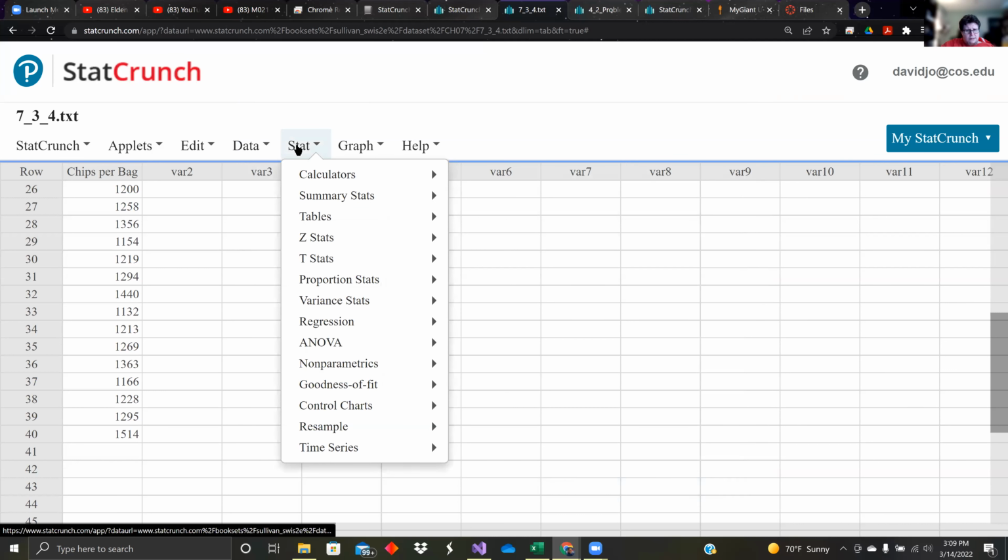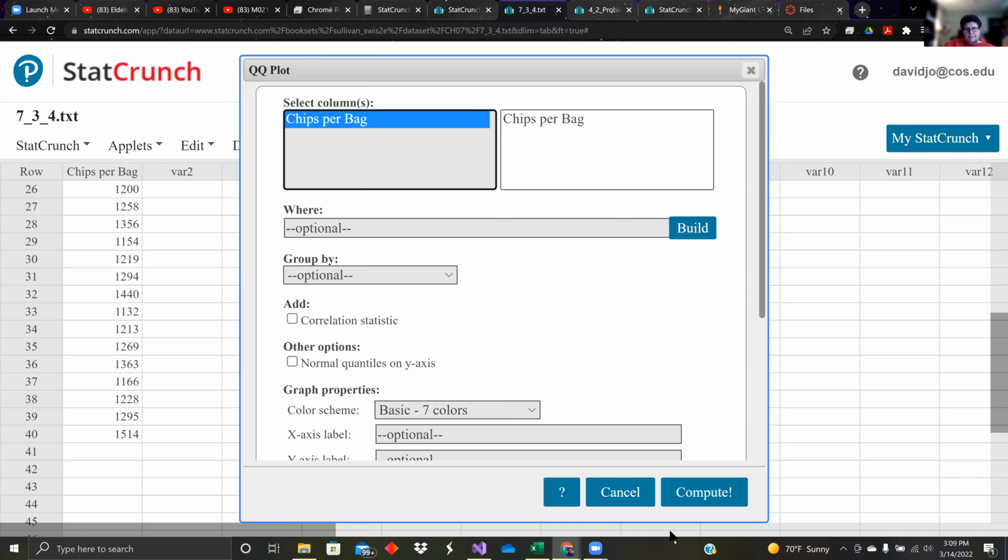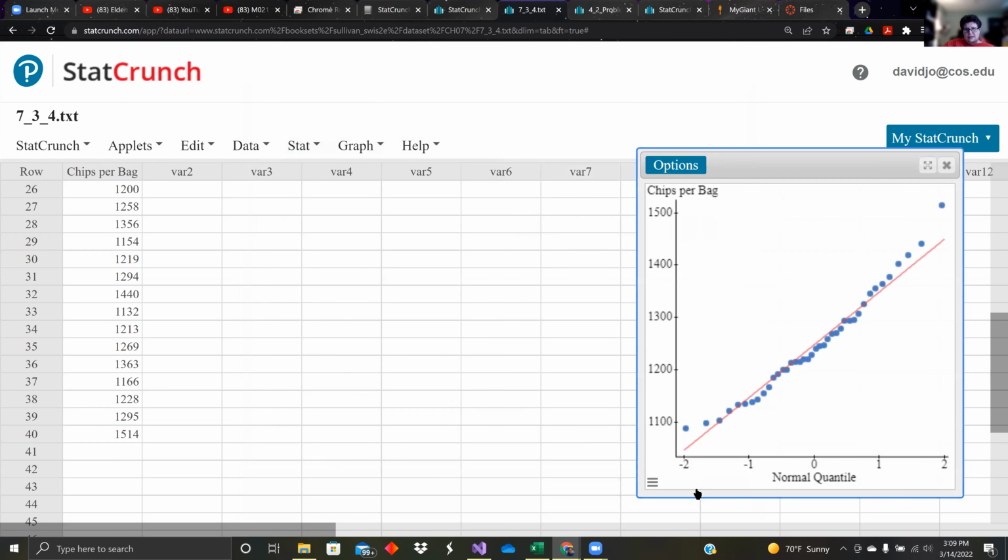No, it's something else. Is it QQ plot? It's QQ plot.